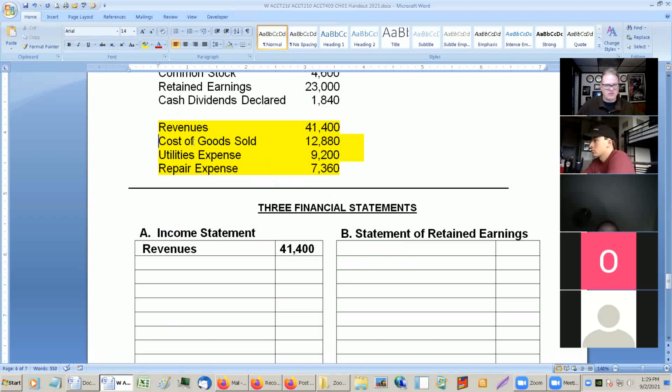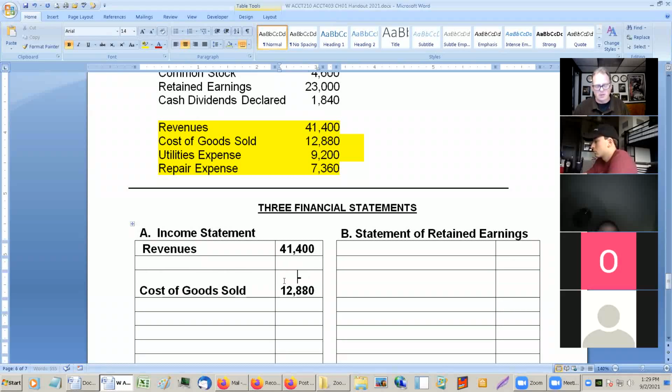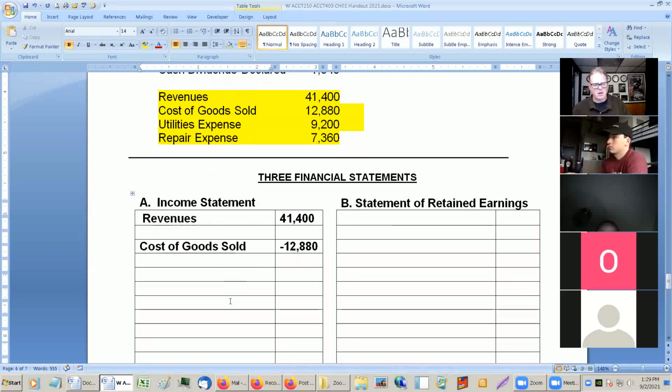Cost of goods sold, that's this thing leaving the place. Whatever we paid for it, that item is going out. So cost of goods sold, minus 12. Utilities expense.